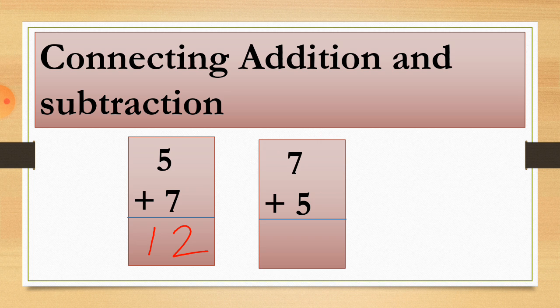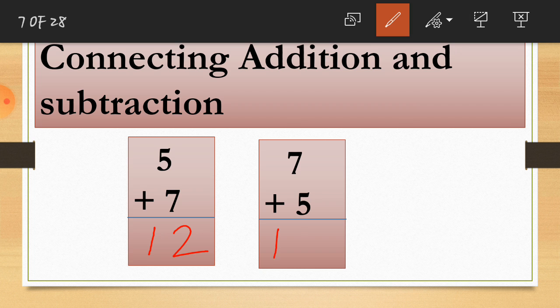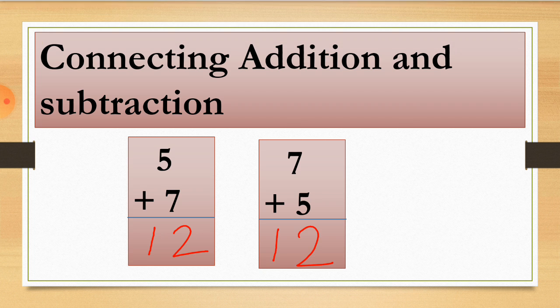We start with 8 and move 5 steps: 8, 9, 10, 11, 12. So here we get the same answer, which is 12. I write 12 here, which is our answer. You can see we get the same answer. 5 plus 7 is equal to 12, and here 7 plus 5 is equal to 12.